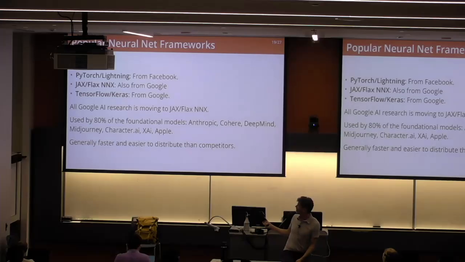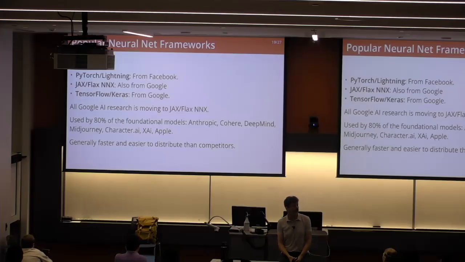The one that you'll see a lot these days in a place like Georgia Tech is PyTorch. It's pretty standard in the research community. It's been a good standby for a long time. It came out of Facebook, and Lightning is sort of a nice wrapper for it. There's a lot of infrastructure for PyTorch, a lot of experience. The older one is TensorFlow, which was sort of the original open source neural network toolkit, and came out of Google.